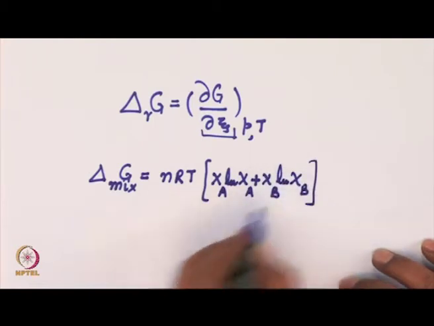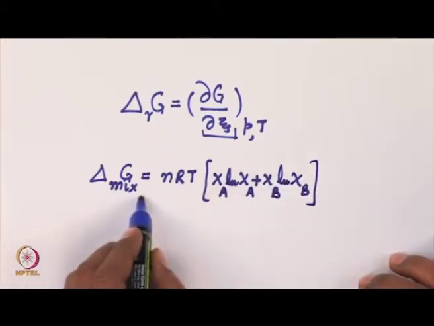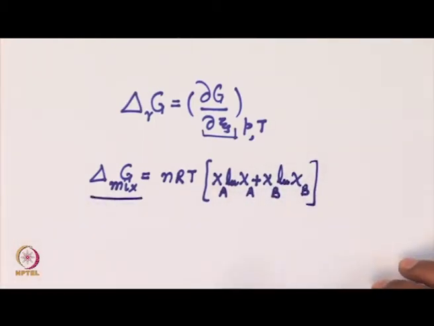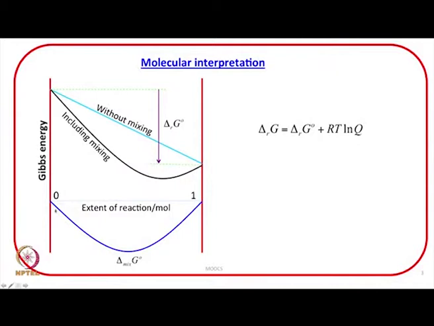This contribution will start coming in if you allow A and B to mix, and depending upon their mole fractions in the solution, look at the slide, the variation of mixing Gibbs energy when the extent of reaction changes from 0 to 1 will vary like this.